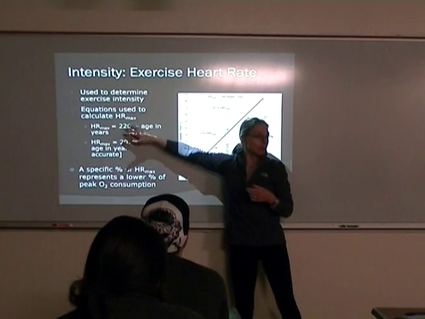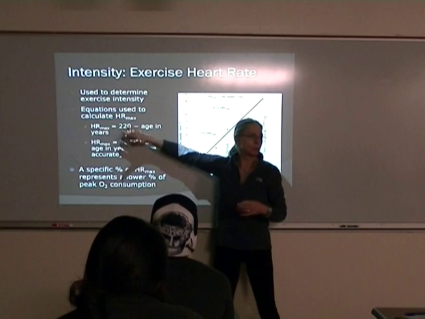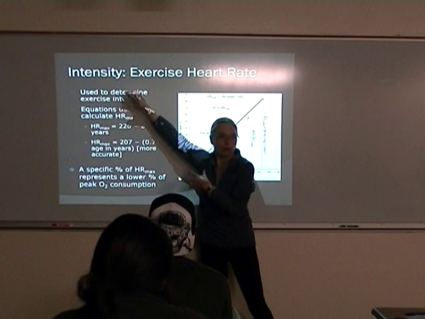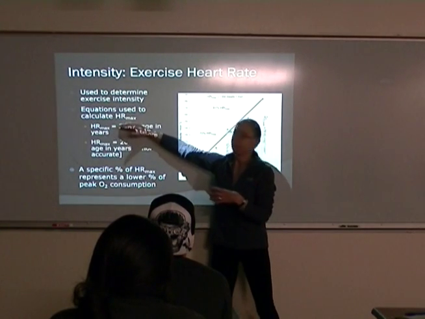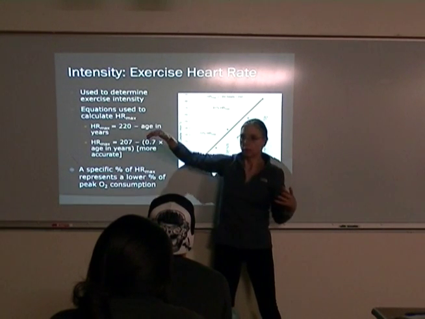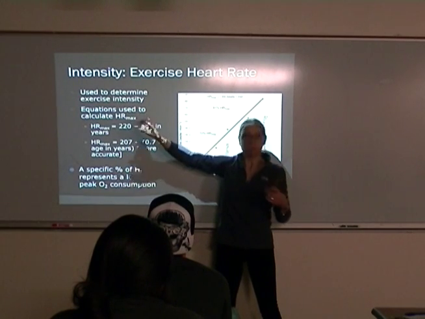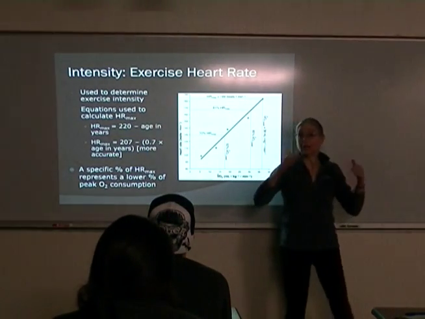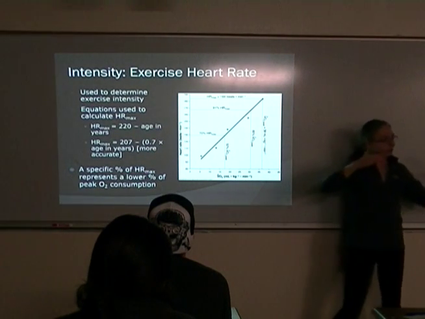220 is the top. I mean, you're not within reason. You might have some people who are 223 or 224, but this number isn't going to be 240. Right? And the other thing to think about that's interesting is it's a number minus your age. So every year you get older, technically your max heart rate comes down.